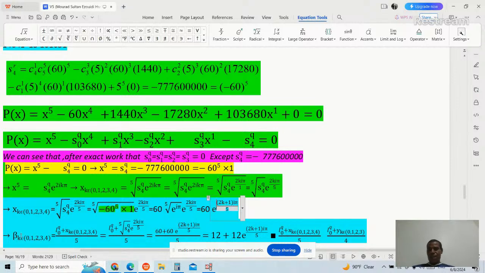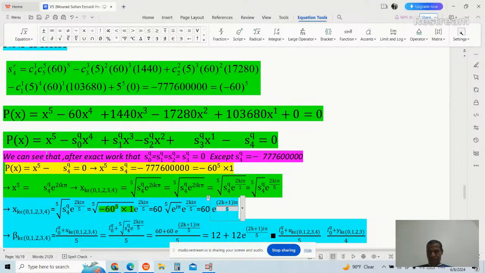Therefore, beta is the roots of this polynomial, and also it's a part of the roots of the original polynomial, which is x^4 minus 60x^3 plus 1440x^2 minus 17,280x plus 103,680.